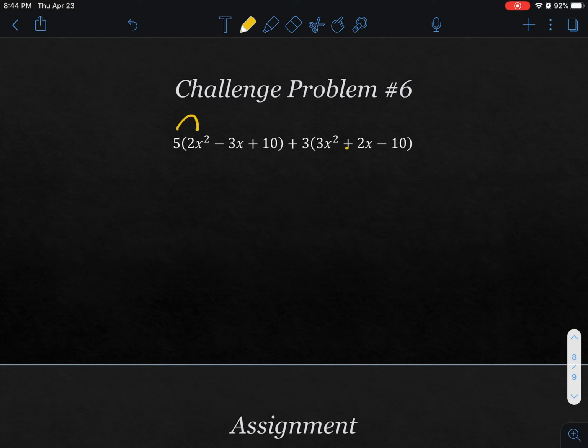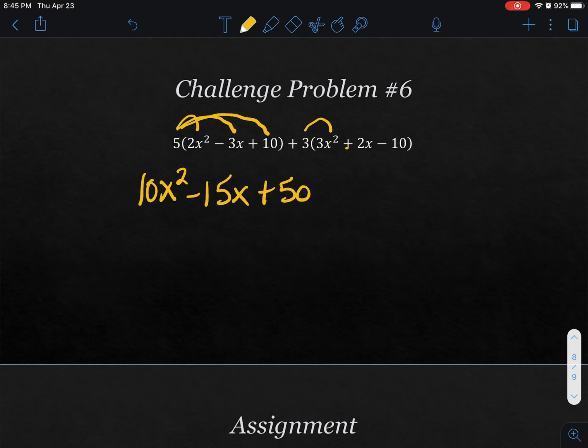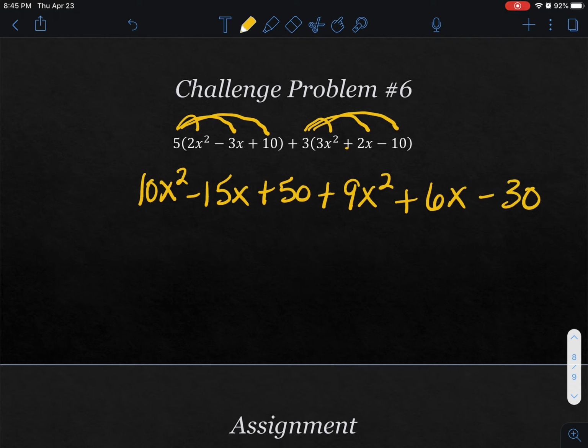So 5 times 2x squared gives me 10x squared. 5 times negative 3x is negative 15x. 5 times 10 is 50, so plus 50. 3 times 3x squared is 9x squared, so plus 9x squared. 3 times 2x is 6x, so plus 6x. And 3 times negative 10 is negative 30.